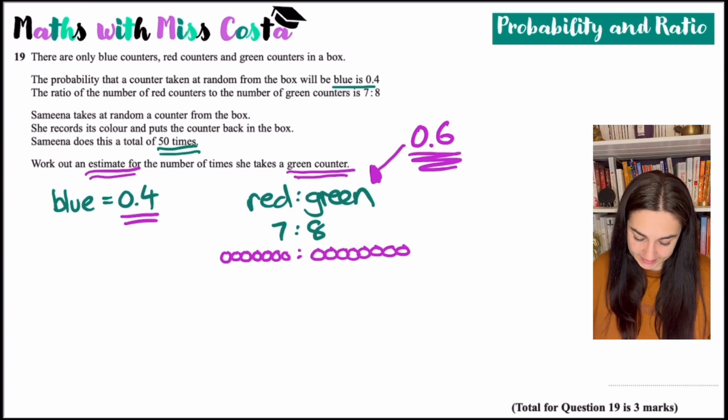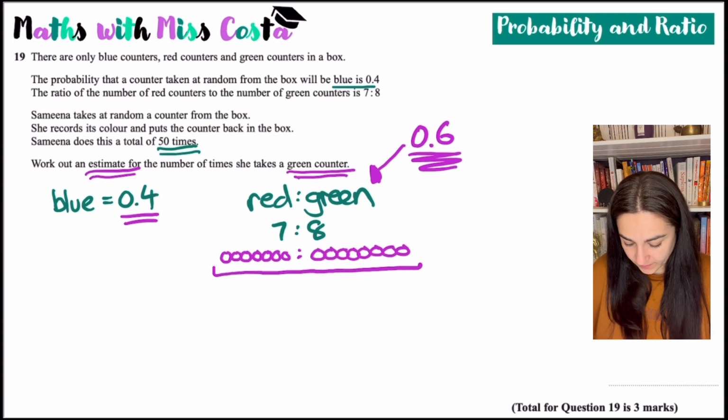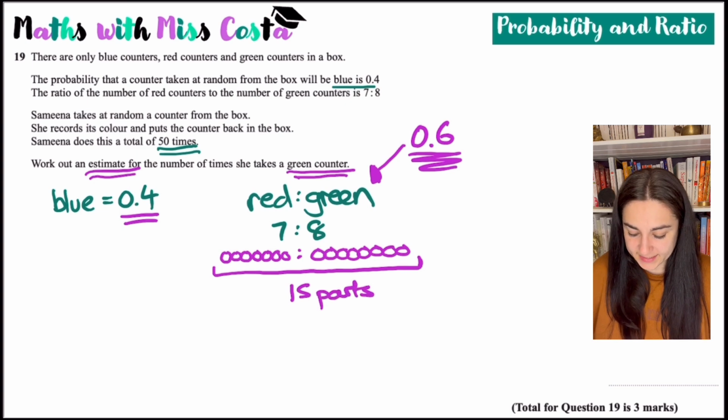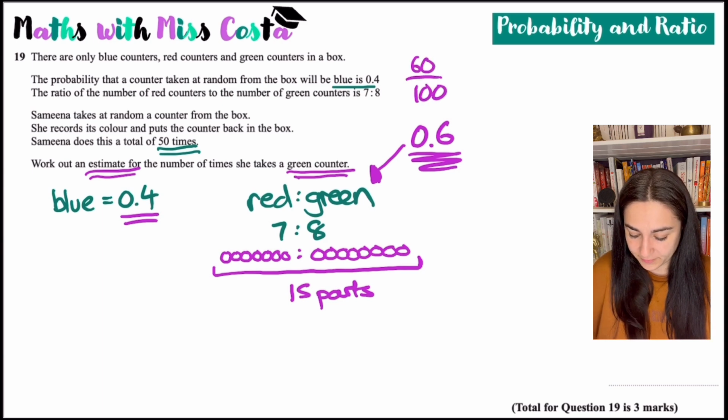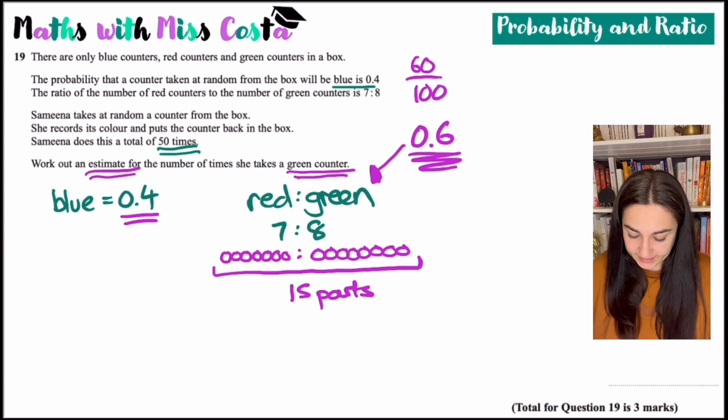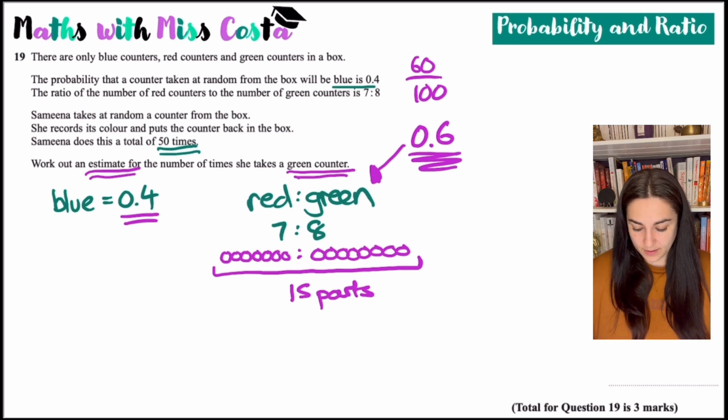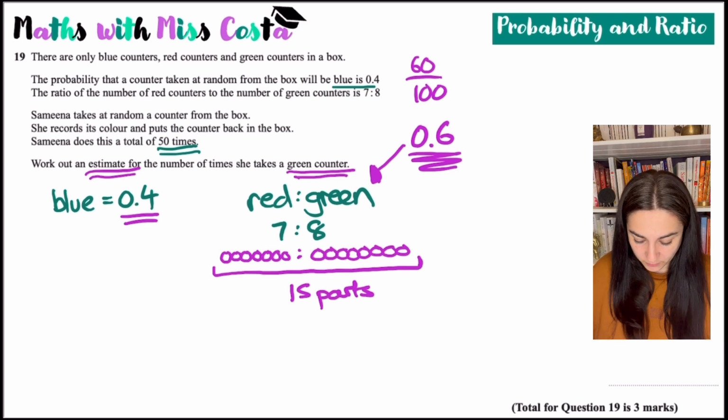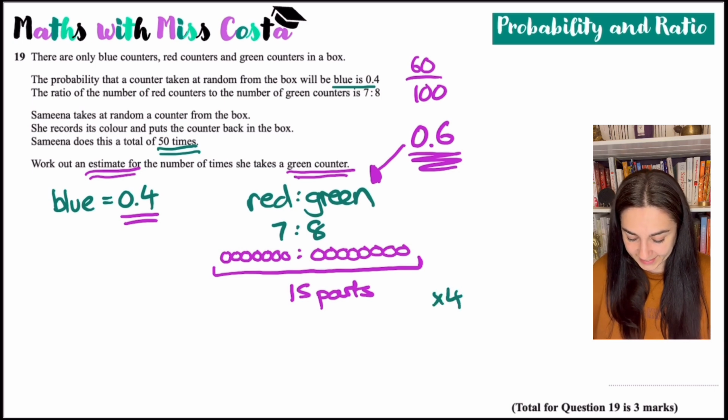So in total, that means there are 15 parts, and we want it to equal 60% or 0.6 or 60 over 100, however you want to work with this. So I know that to turn 15 parts into a percentage, I would multiply it by 4, because that gives me 60 parts in total.